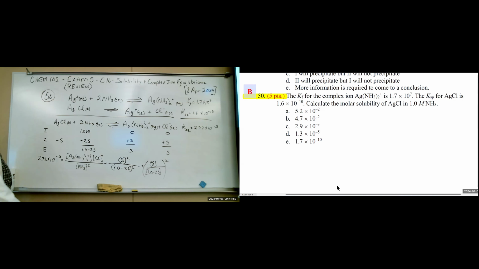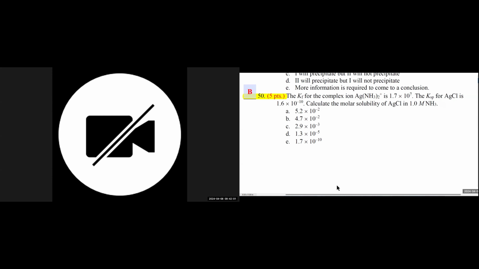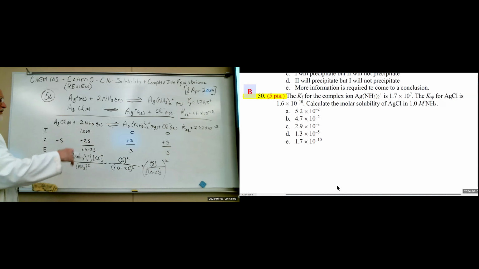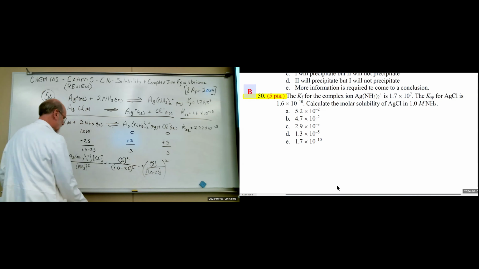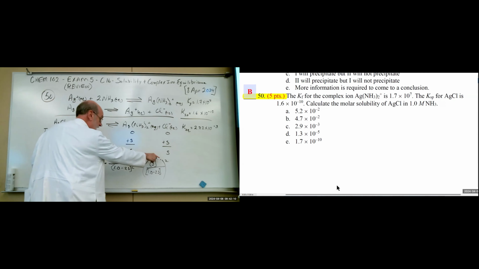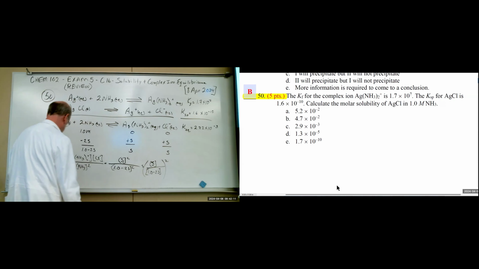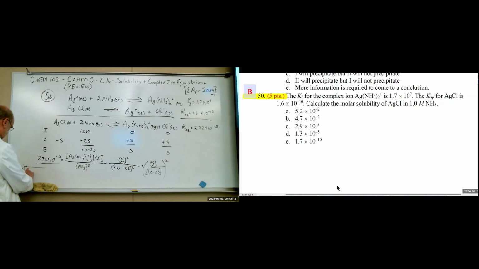Okay, so the first thing we need to do is take the square root of both sides. Right? We got this expression. If we take the square root of both sides, that gets rid of that square. So what's the square root of this one? Right, square root of 2.72 times 10 to the minus 3 equals what?